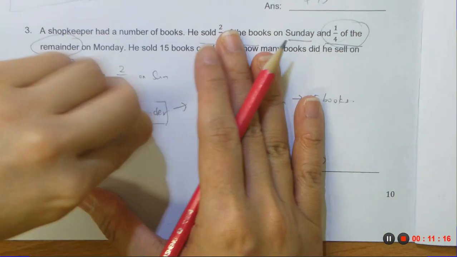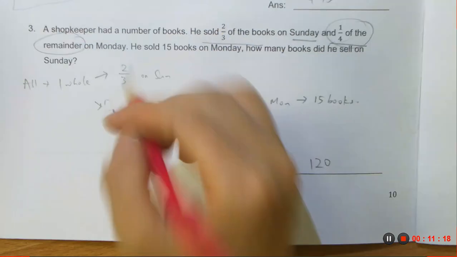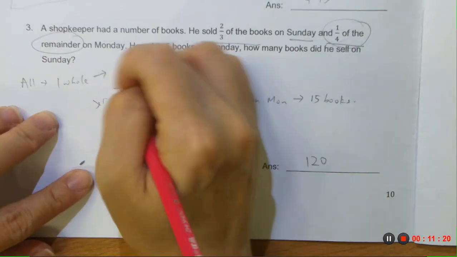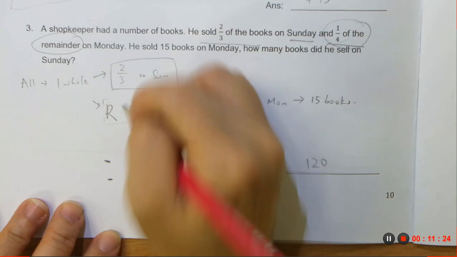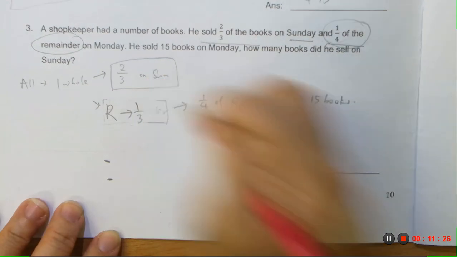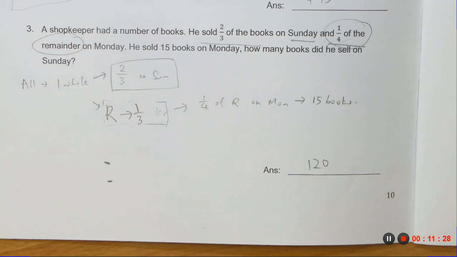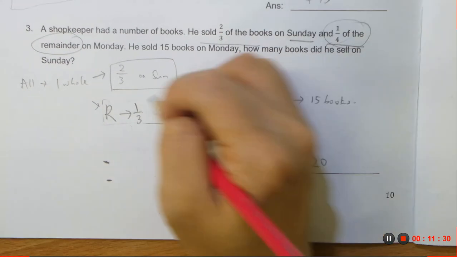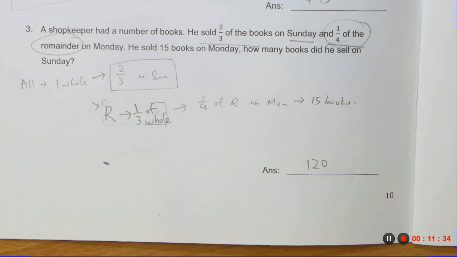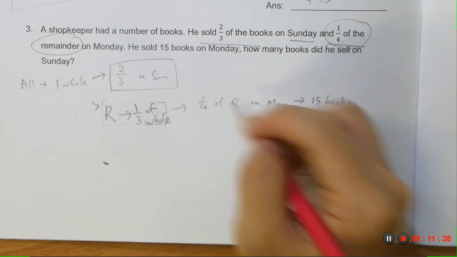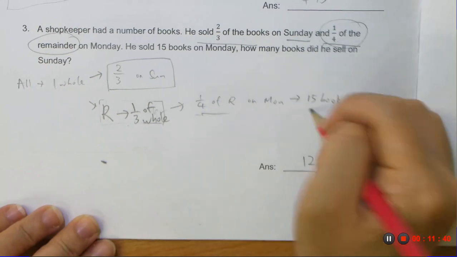Because 2/3 is Sunday. That means the rest is the remainder. The remainder is 1/3 of the whole. Out of this 1/3 of the whole, 1/4 is 15 books.